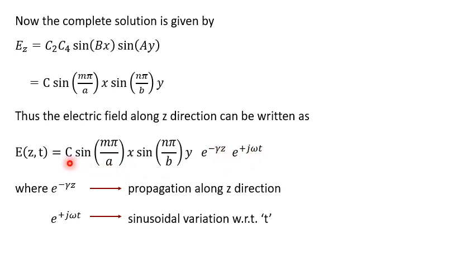Here the first term is the magnitude component. E raised to minus gamma z represents that the wave is propagating along the z direction, and e raised to plus j omega t represents that the field is varying in a sinusoidal manner with respect to t.